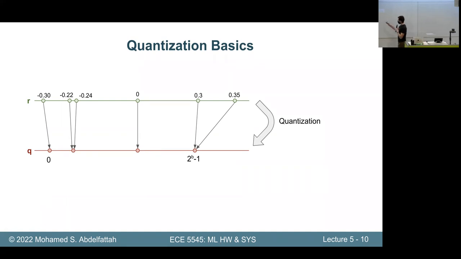So I have a quantized number equal to a function, and the input is a real number. What kind of function is this? What does it look like? Step function, yeah, that's right. So it looks like that step function that we looked at the beginning. If I want to write it out, what would it look like?